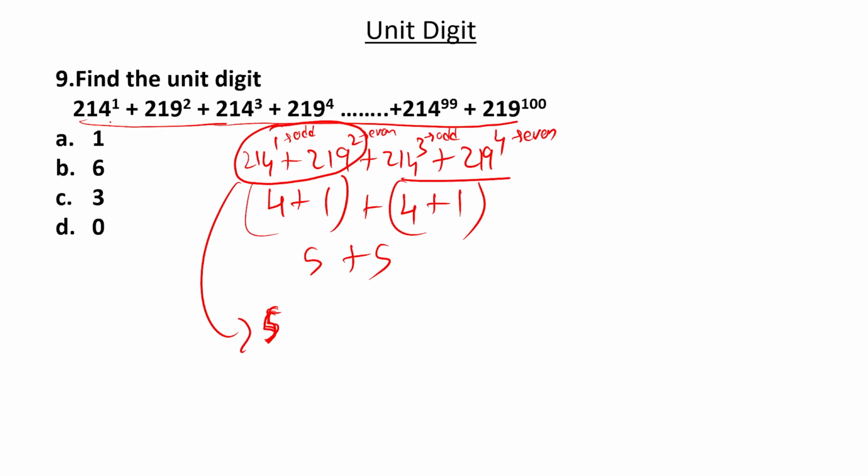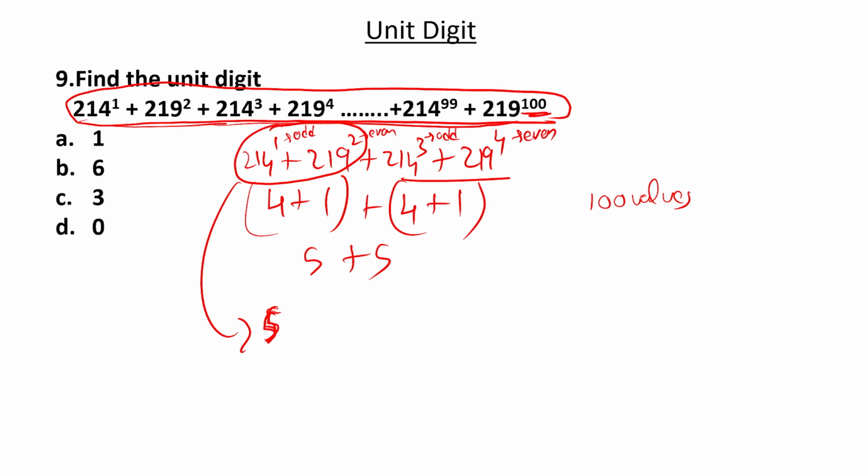Since we have powers from 1 up to 100, as you can see from the question, that means there are 100 values.